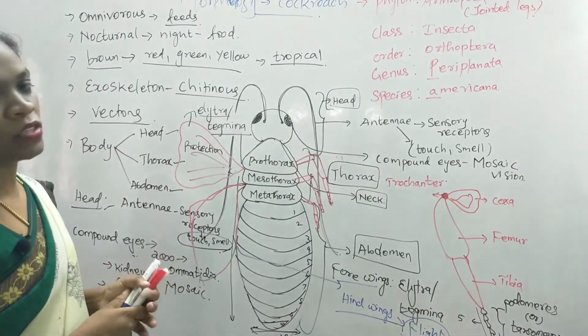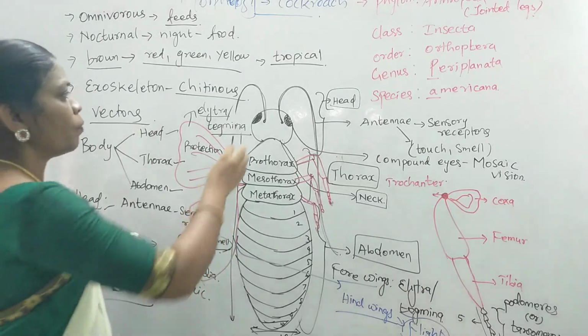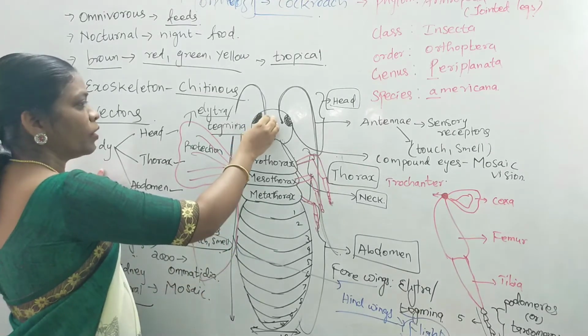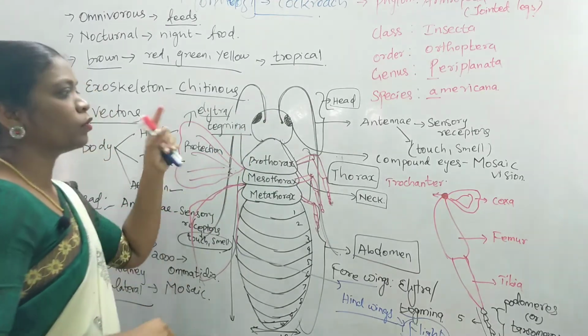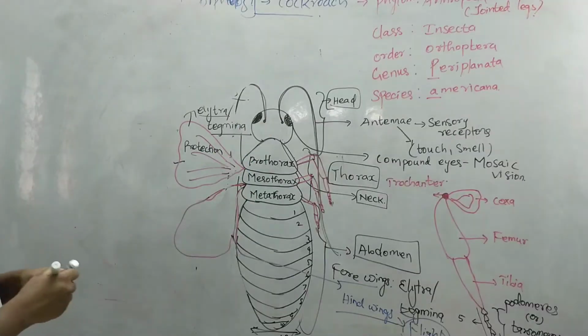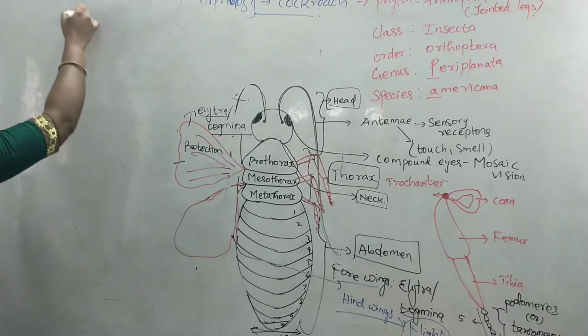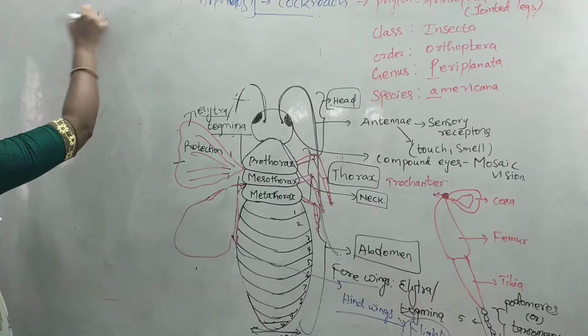The most important structure that we have to learn is the mouth part. When I was talking about the head region, we left out the mouth part of this organism. We'll see it now, then go on with the remaining structures.